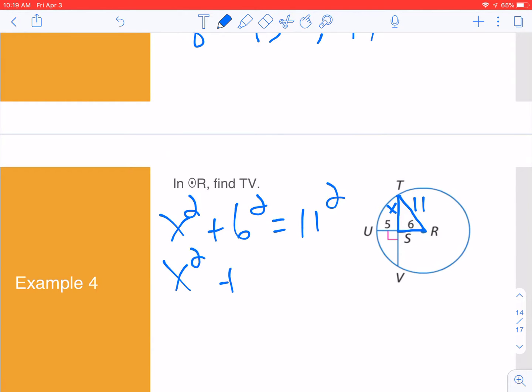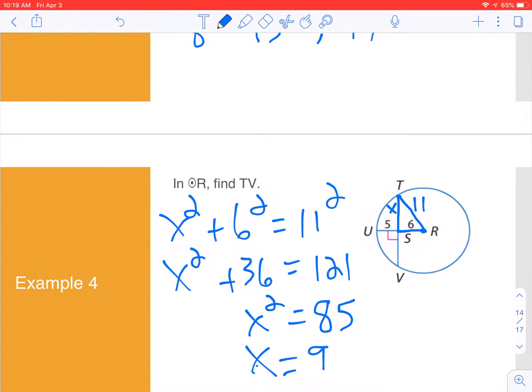X squared plus 36 equals 121. Subtract from both sides, do Pythagorean theorem. X squared equals, I'm going to whip out my calculator here and do 121 minus 36 equals 85. I'm going to find a decimal for that, and I am going to find that it is 9.2. So x is 9.2.